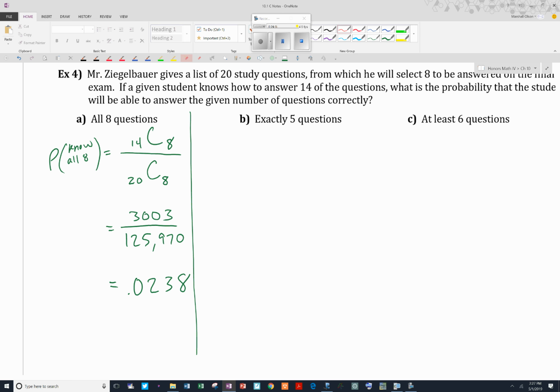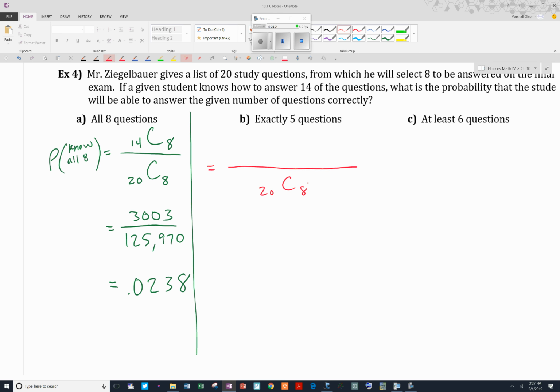Next, exactly 5 questions. I'm just going to forget the probability notation and get right to the fun stuff. Guess what our denominator is? Same thing. You could put the 125970 if you want. We're still choosing 8 out of the 20 questions, right?